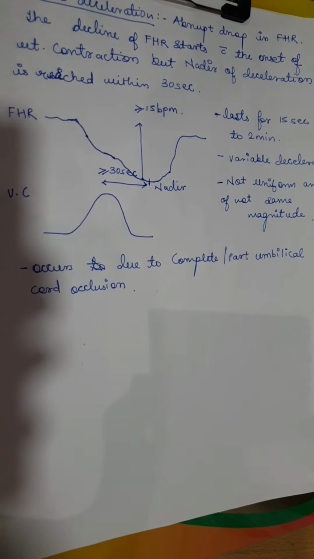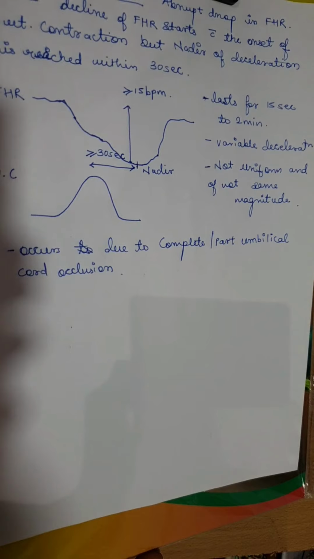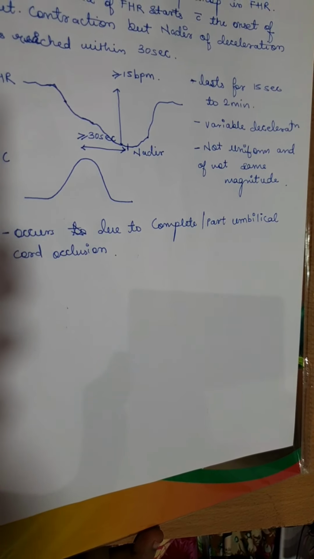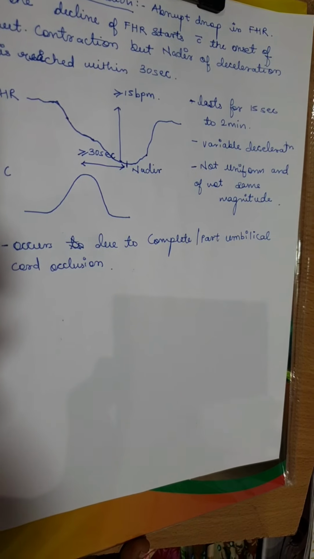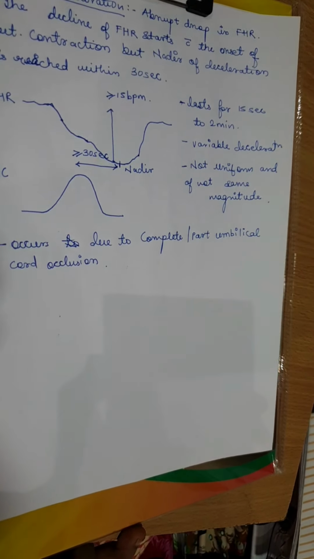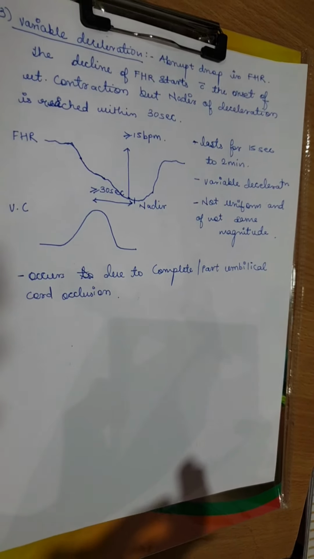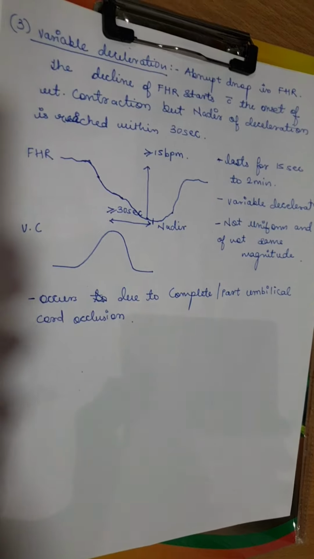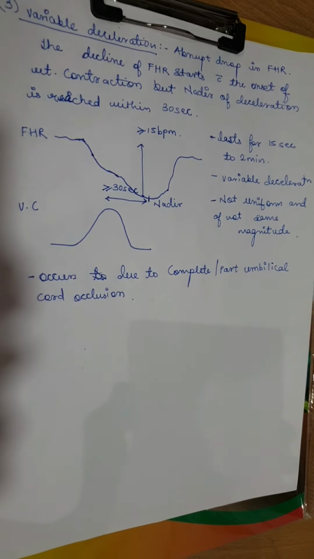Complete occlusion of the umbilical cord produces an abrupt and jagged-appearing deceleration of the fetal heart rate. In some experiments, it was found that when variable decelerations were seen in the graph, there was a 50% reduction of the umbilical blood flow towards the fetus or from the fetus.